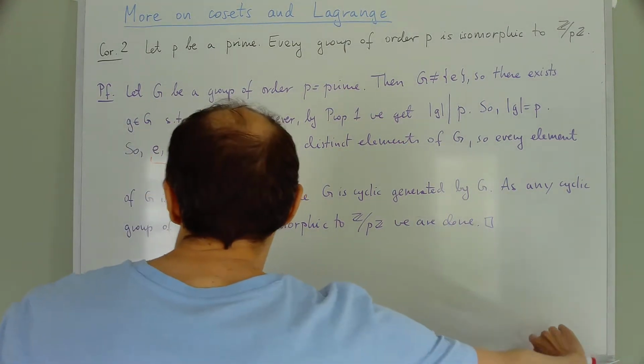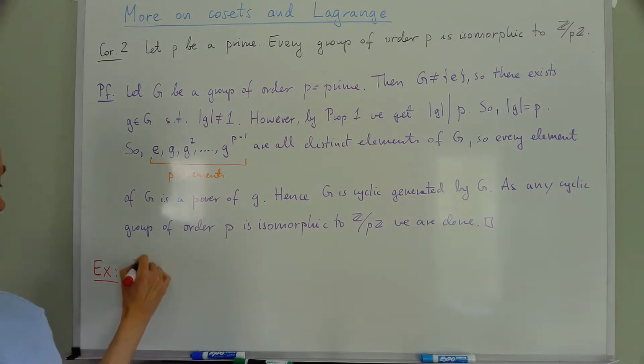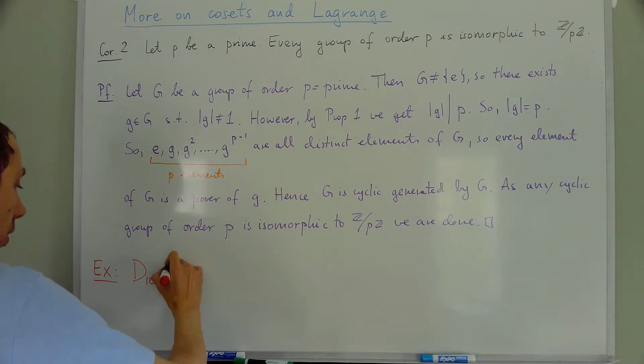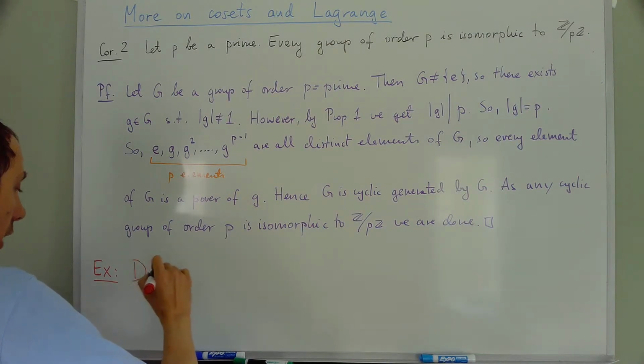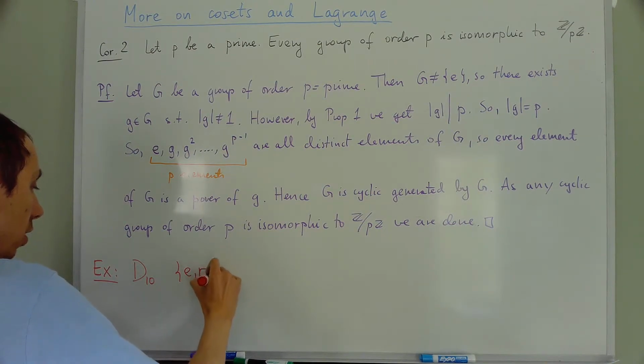Let's just do maybe one little example of this. If I look at the group D10, then inside it I can look at the subgroup generated by rotations, so consisting of rotations.